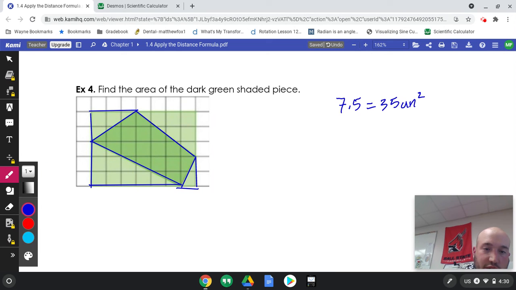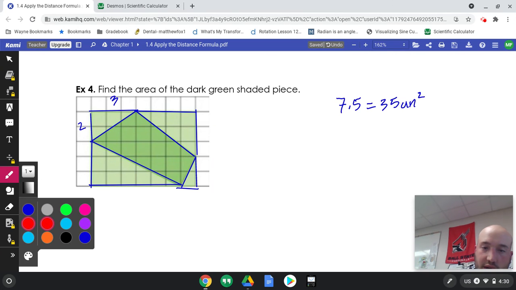We know our formula for a triangle is the area equals 1/2 the base times the height. So at the top left here, the height here is 2, the base is 3. So let me do this in red. 1/2 times 3 times 2. That will equal 3 units squared.